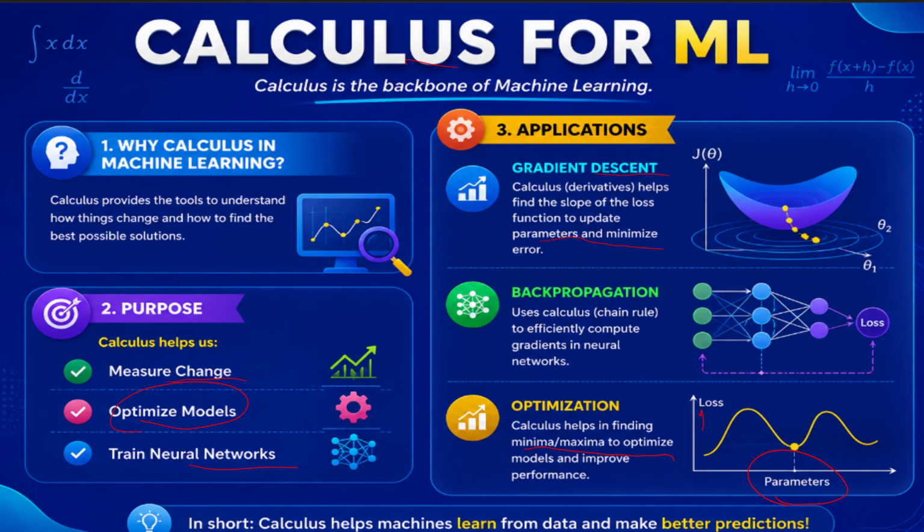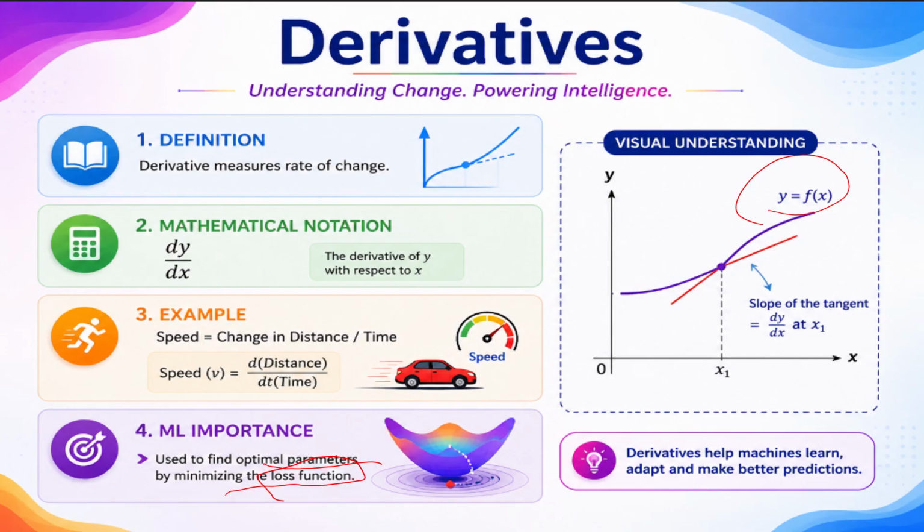Backpropagation is used to apply chain rules and efficiently compute gradients in neural networks. Optimization is also used to identify the minima or maxima of the values. And derivatives are used to understand change, the power of intelligence. A derivative measures rate of change.